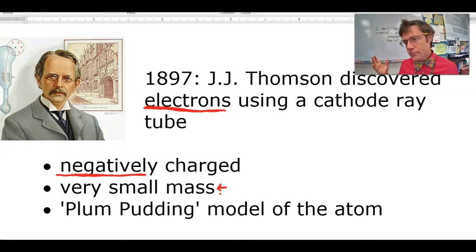And so, plum pudding. The idea here is that, okay, if electrons are negative, then what does the atom have? Electrons are coming out of an atom. What does the atom have to be? Well, he thought, oddly, that maybe atoms are solid, because everything is solid.